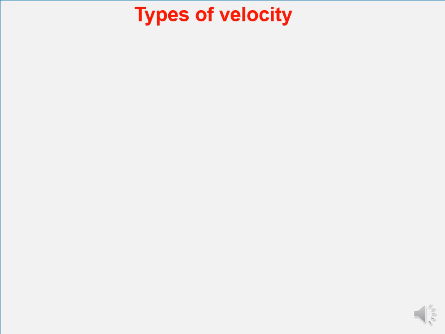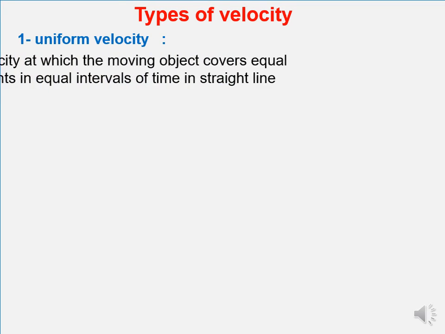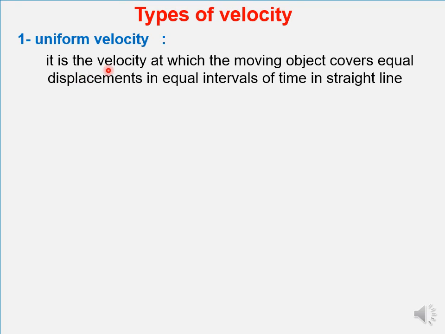Types of velocity. Uniform velocity. It is the velocity at which the moving object covers equal displacements in equal intervals of time in a straight line.